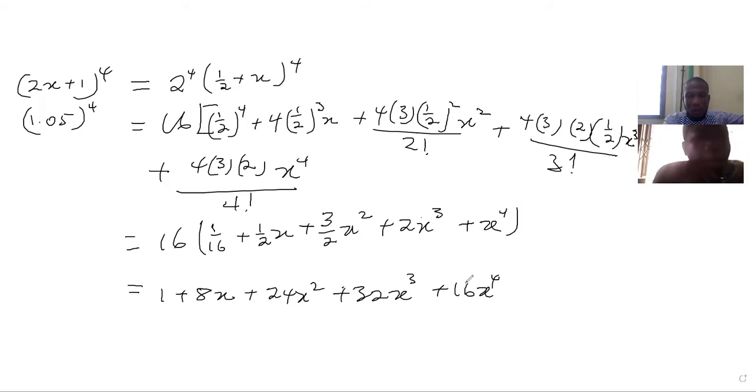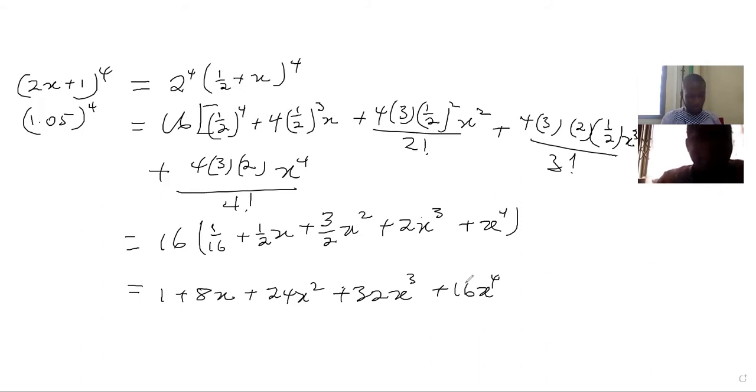So the mistake is from where I started inserting the values for x.